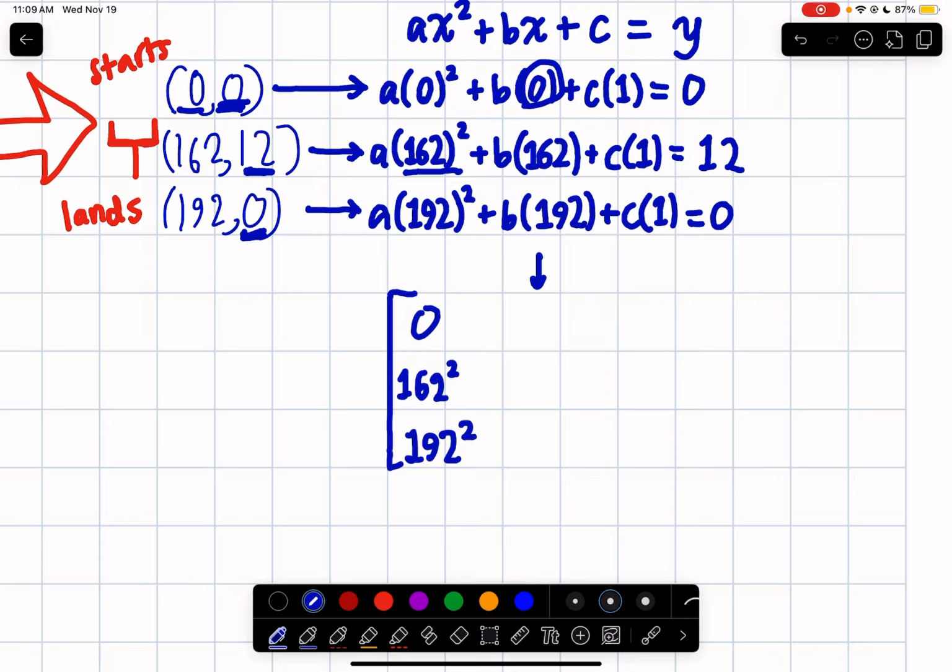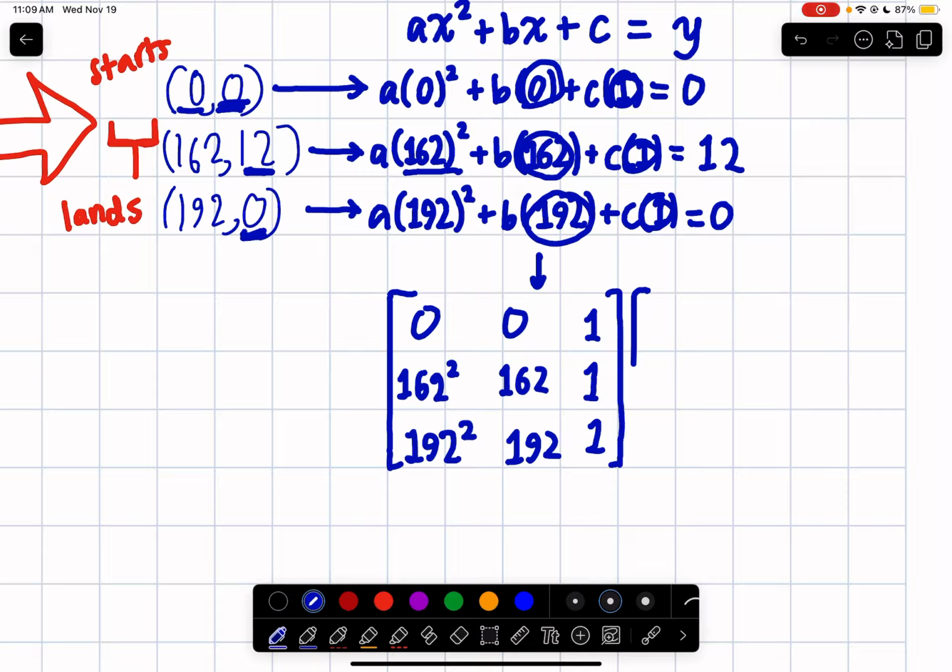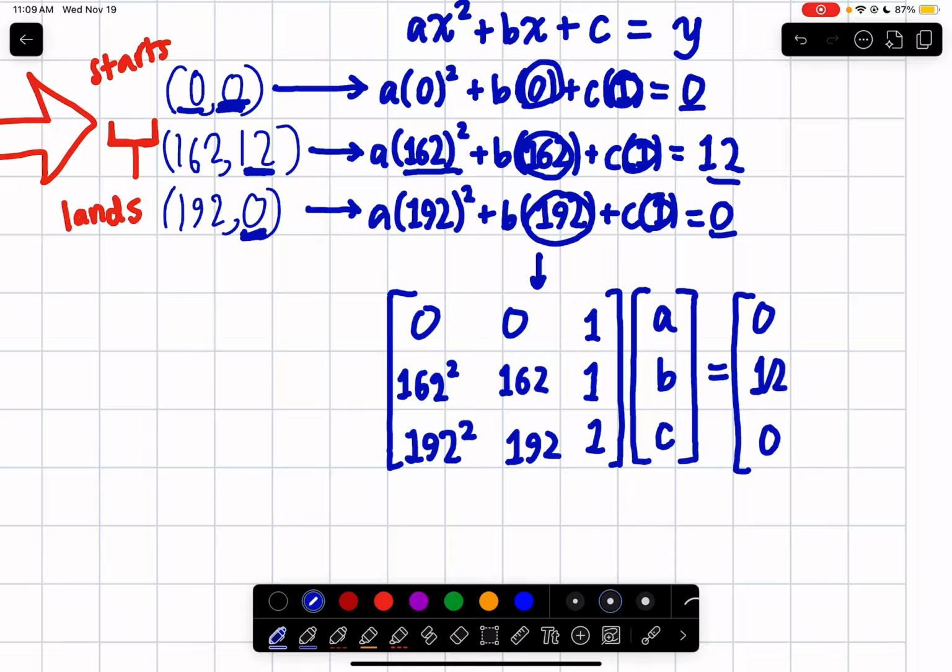Then here I've got 0, 162, and 192. And here I've got 1. So that coefficient matrix times A, B, and C equals 0, 12, and 0.